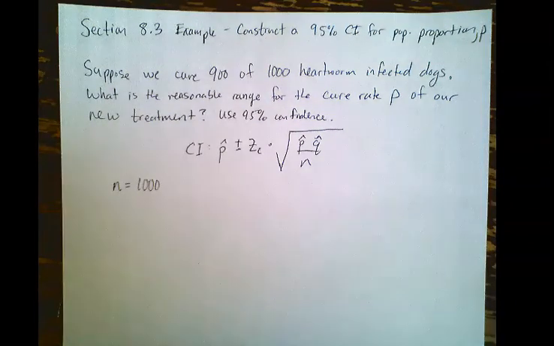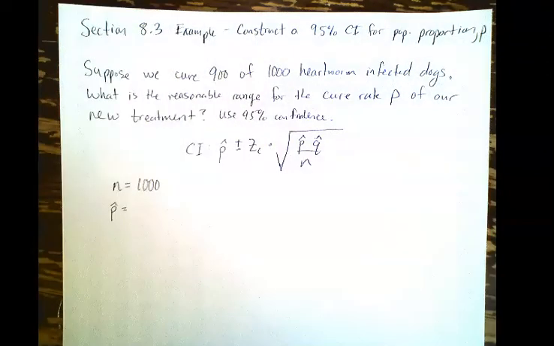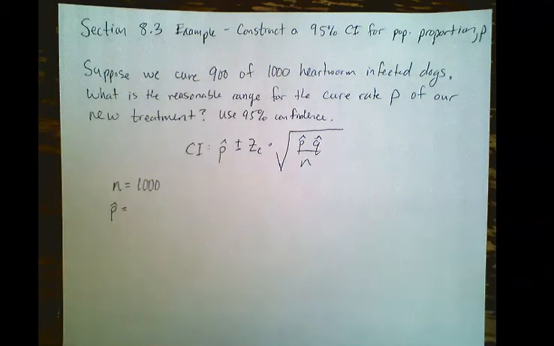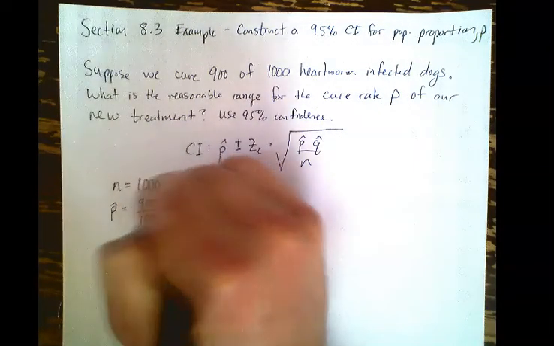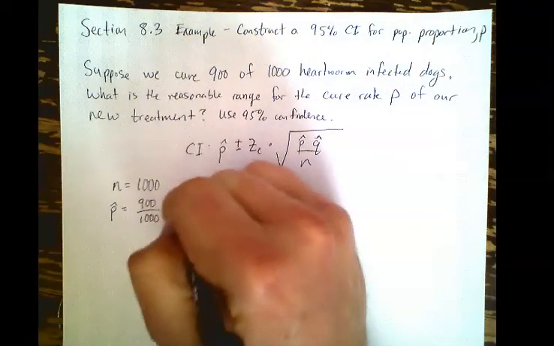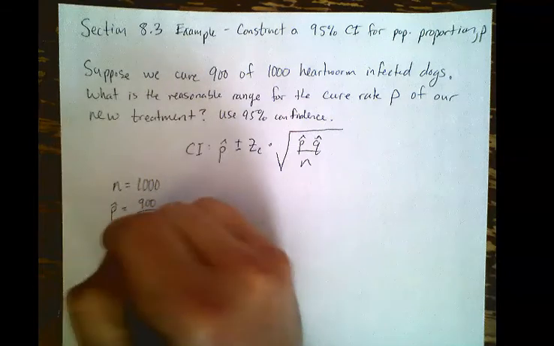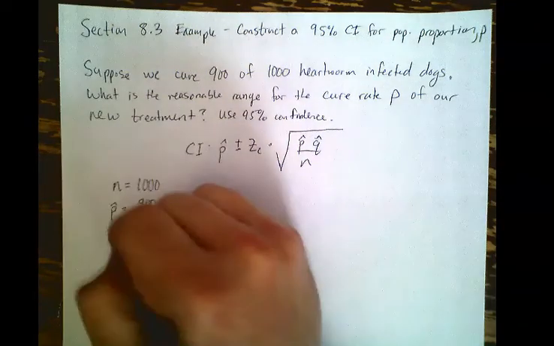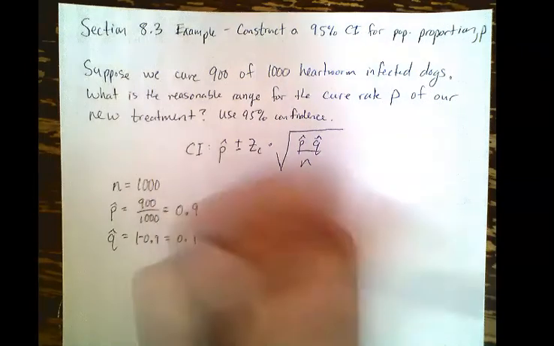That's our sample size. P hat is the proportion of cured dogs, which would be 900 out of 1,000, which is 0.9. Q hat would be 1 minus 0.9, or 0.1.